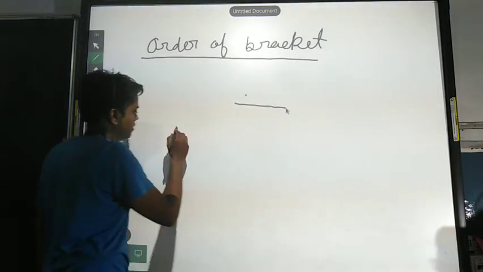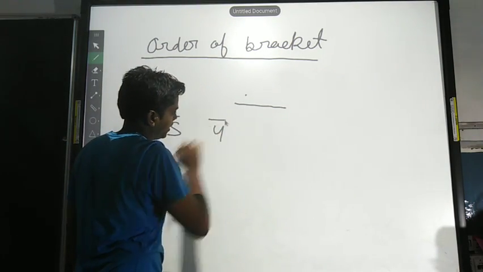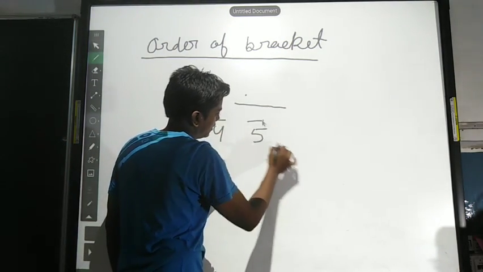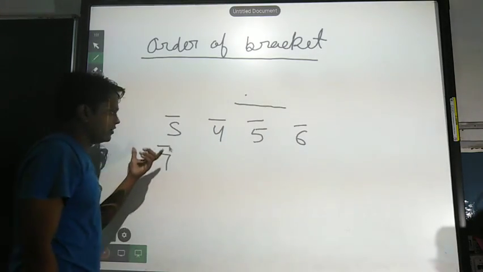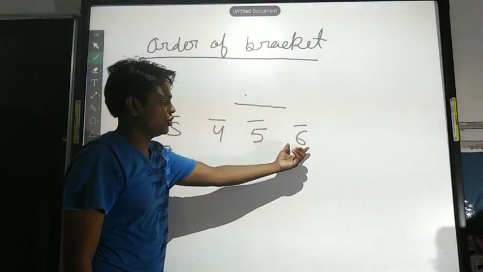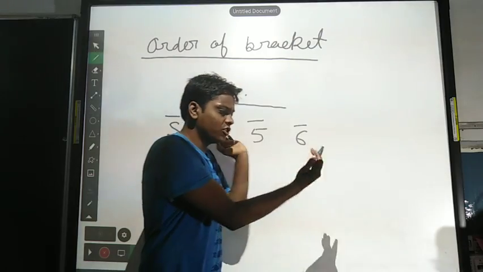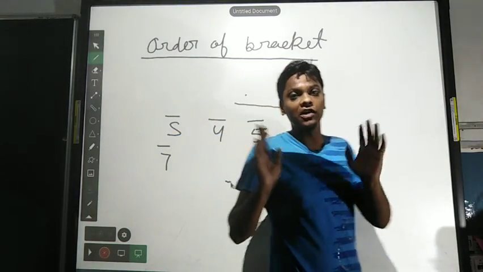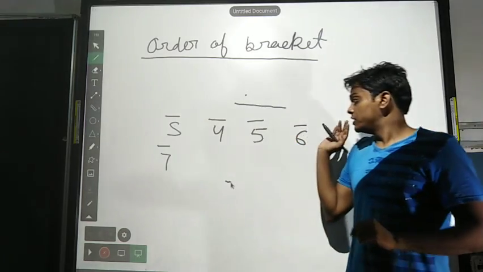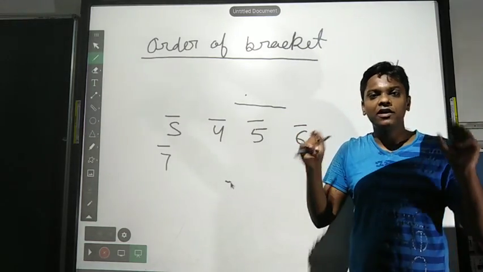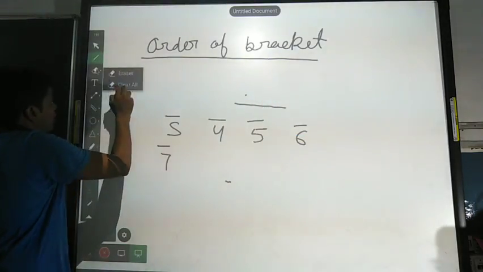It will always be put on any number or any alphabet. 4 bar, 5 bar, 6 bar, 7 bar. It will be represented like this. This is your digit and this one is your bracket. Whatever the length of that bar bracket, that will define its area. The length of the bar bracket defines which digit or which function will come inside this bracket. Okay. Now, order of the bracket.